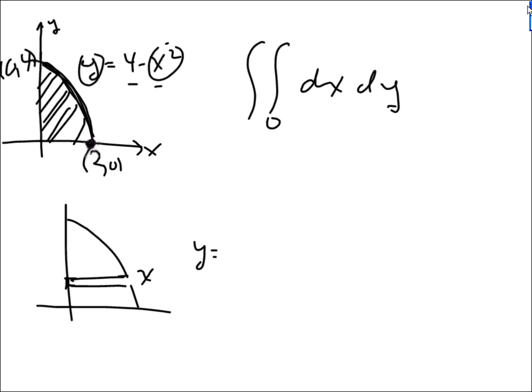Well, if y is equal to 4 minus x squared, interchanging these two, we get x squared is 4 minus y.